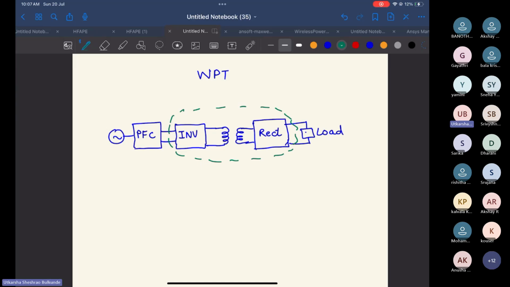Do you know basic converters? At least that much, do you know or not? Please answer so that I'll get to know how deep I can go, or whether I just have to tell you that this is the converter and all.